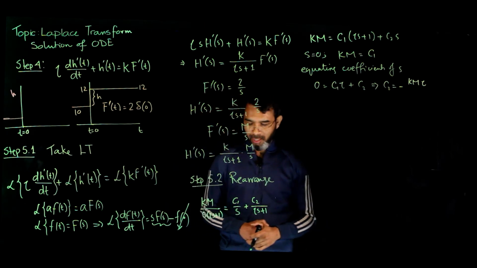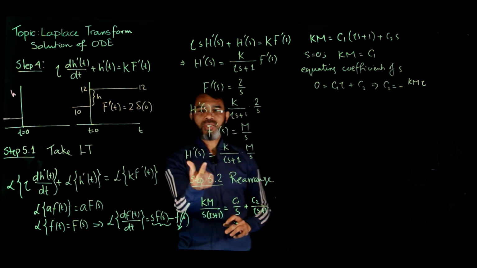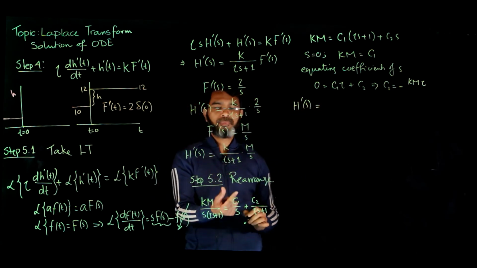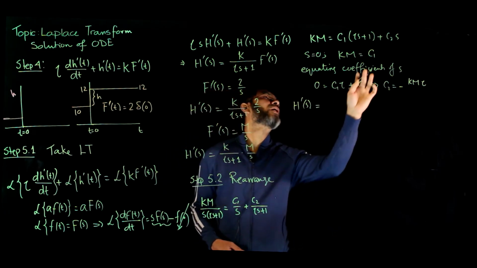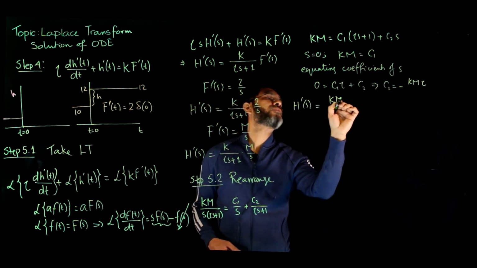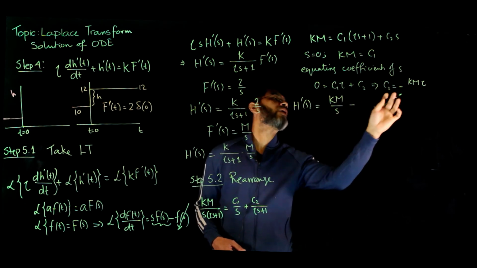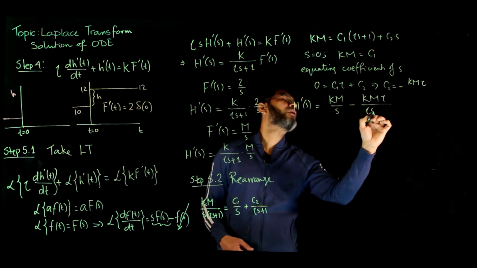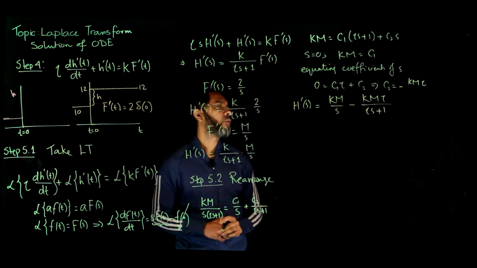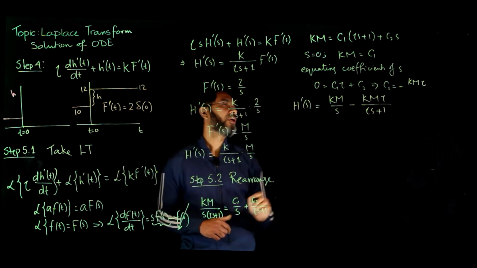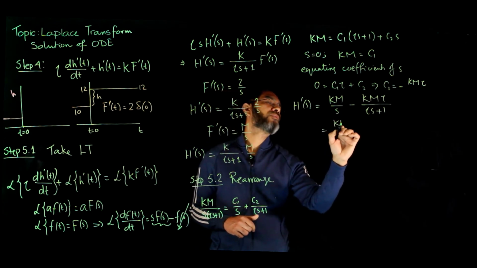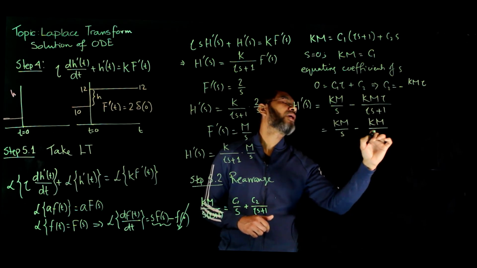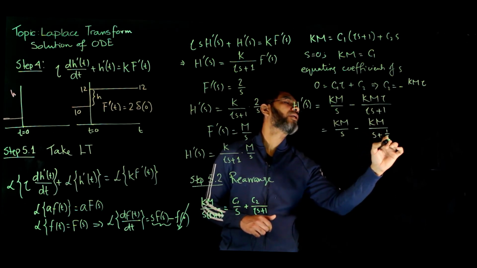Now we get H'(s) will be simply c1 over s, meaning km over s, minus km tau over (tau s plus 1). I write it as km over s minus km over (s plus 1 over tau).